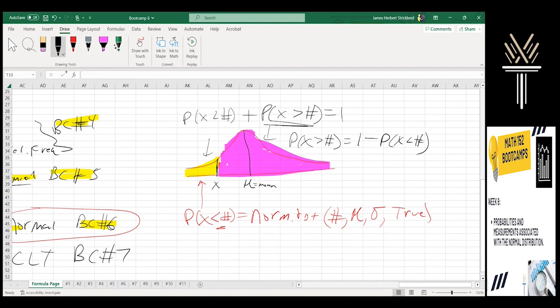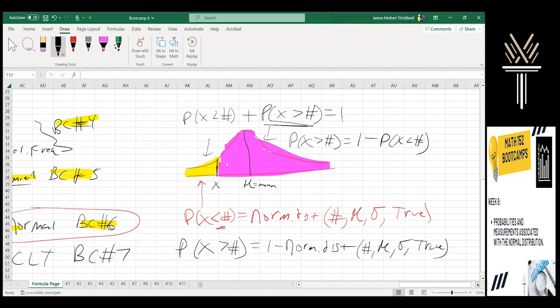And we know how to find the less than case. So if I want it greater than some number, all I'm going to do is 1 minus norm.dist of the less than information, which is number, average, deviation, and always, always true. And so these are really the only 2 ways that we have to worry about calculating things using norm.dist.